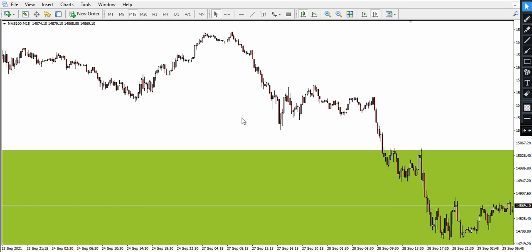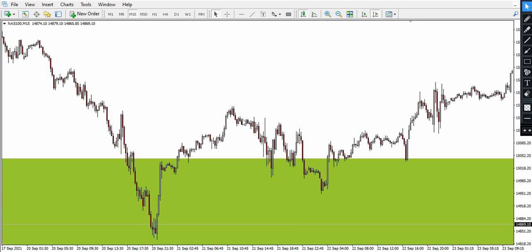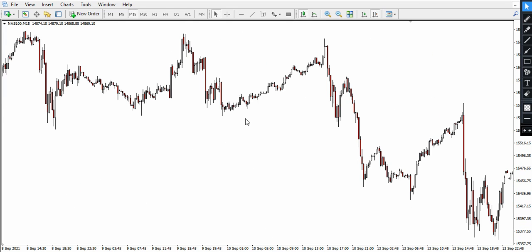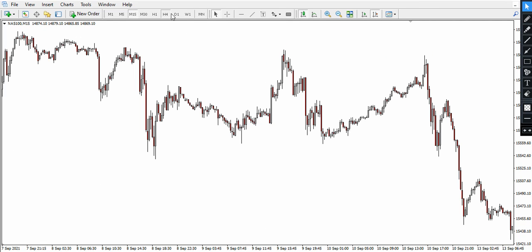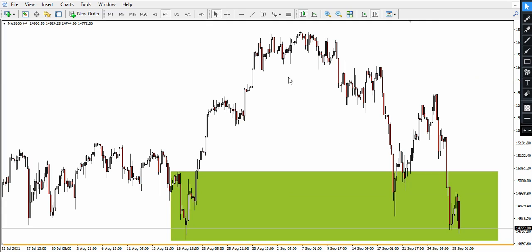But in this instance, was I supposed to enter immediately whenever the order block was touched, or did I have to wait? On H4, this is not an order block. This is a swing low on D1, sorry.